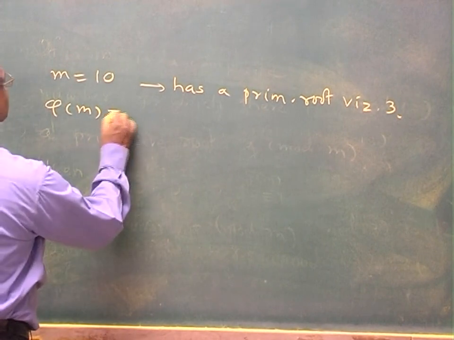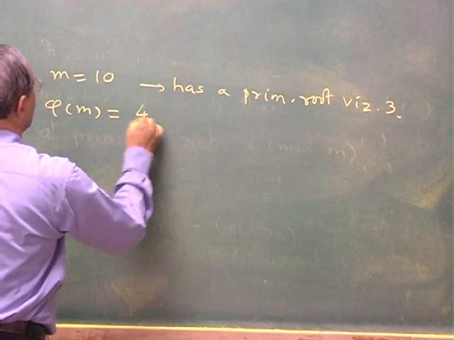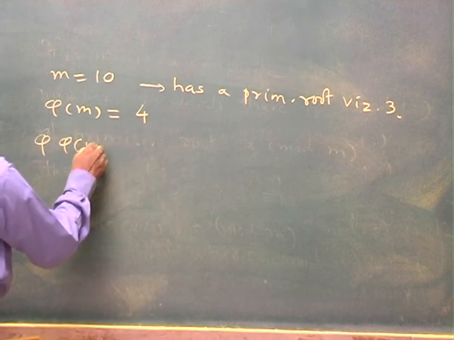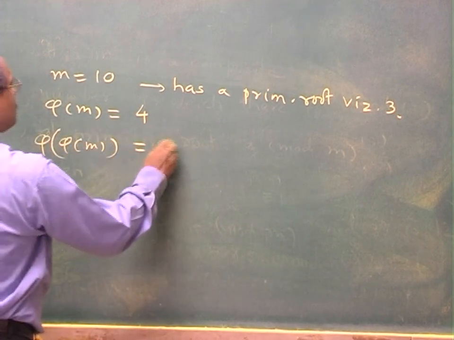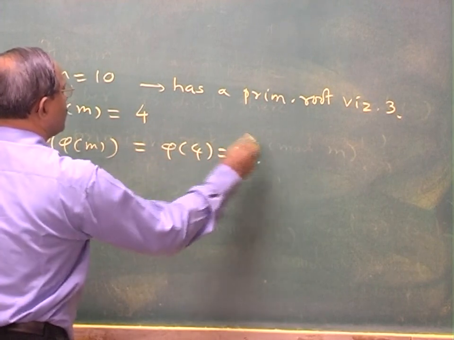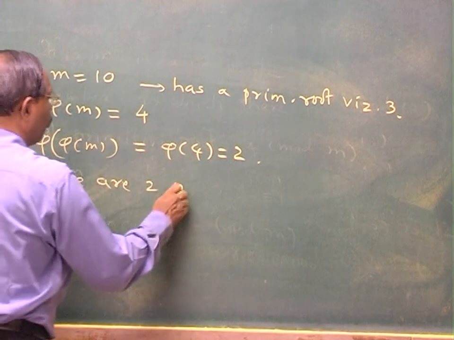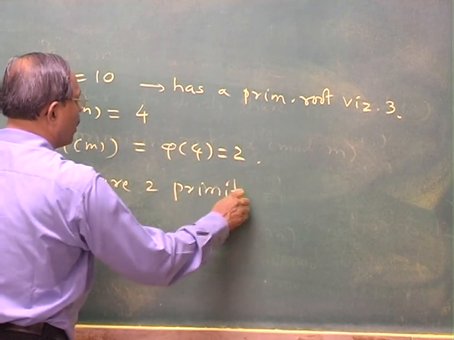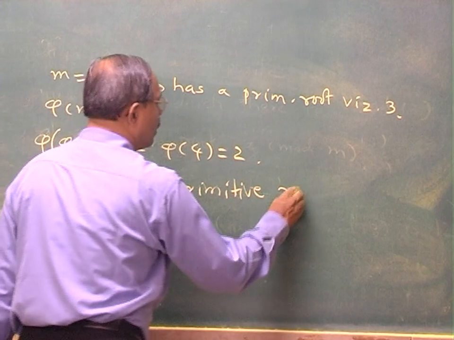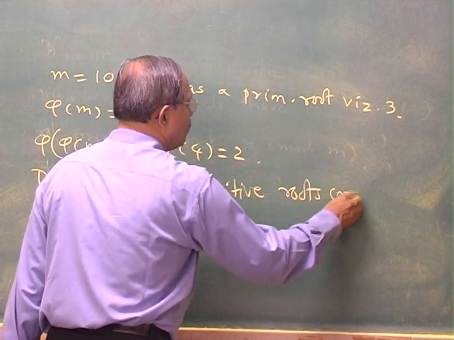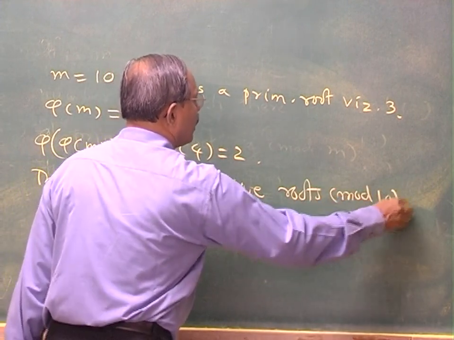Phi of m is phi of 10, that is 4. And phi of 4 is 2, so there are 2 primitive roots mod 10.